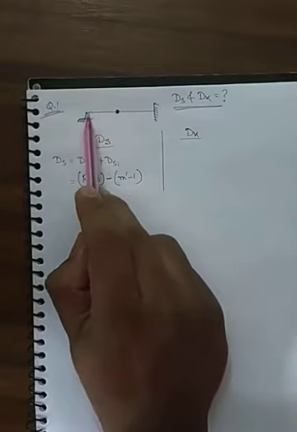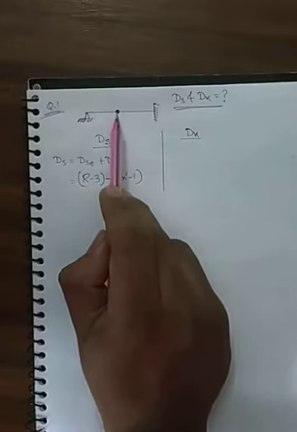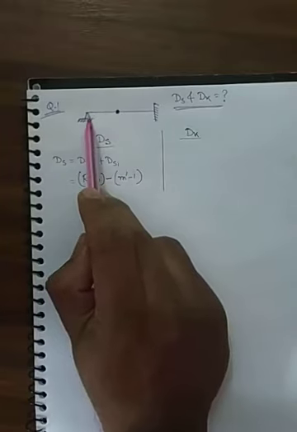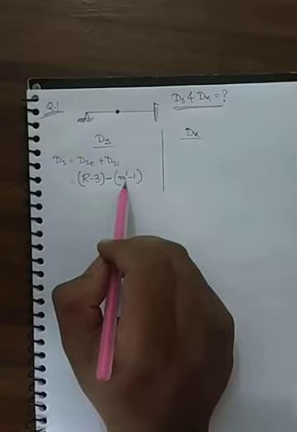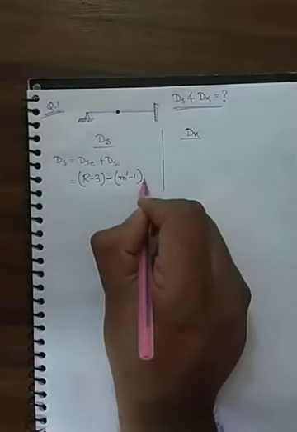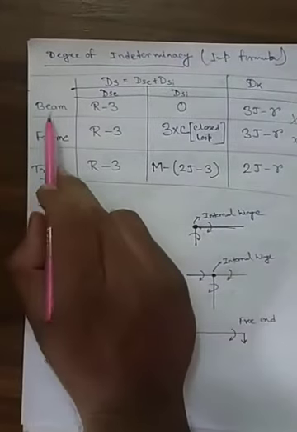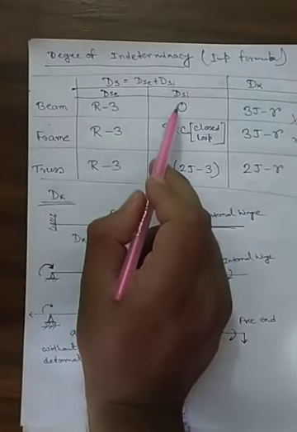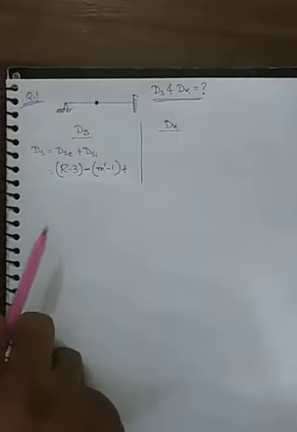So here two members are connecting to this internal hinge, so your m dash value will be 2. Now what is your dsi value? In case of beam, dsi is 0.